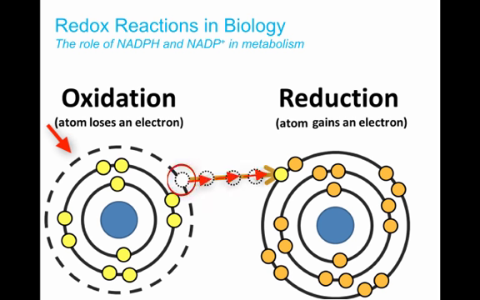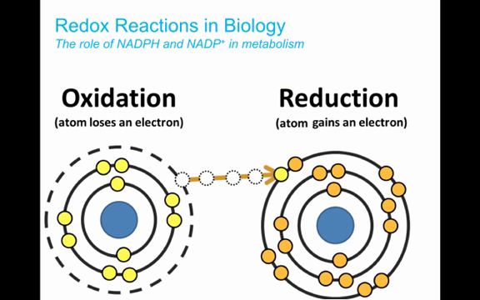But remember that electron cannot just go floating off in space. It's got to be attached to an atom. So at the same time, a different atom is going to accept that electron. The process of losing an electron is called oxidation, whereas the process of gaining an electron is called reduction.